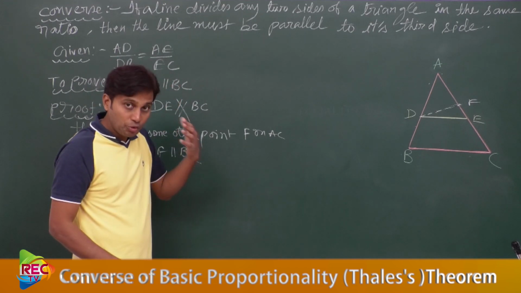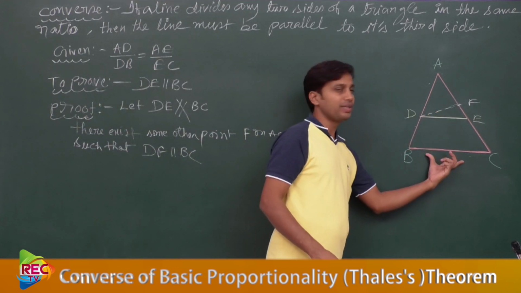So here we have chosen that DF is parallel to BC.